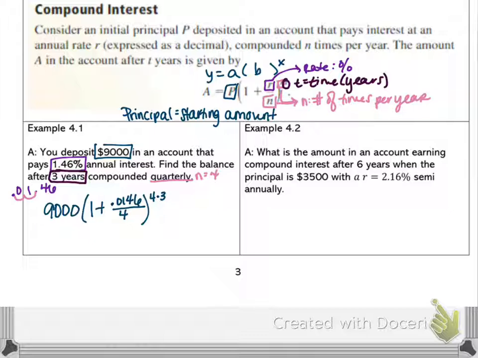I have noticed a lot of kids forget it, and it does cause issues. So we're going to plug this whole thing into our calculator and make sure that we raise it to the power of 4 times 3. And we should end up with the answer of $9,402.21. And this is our answer.